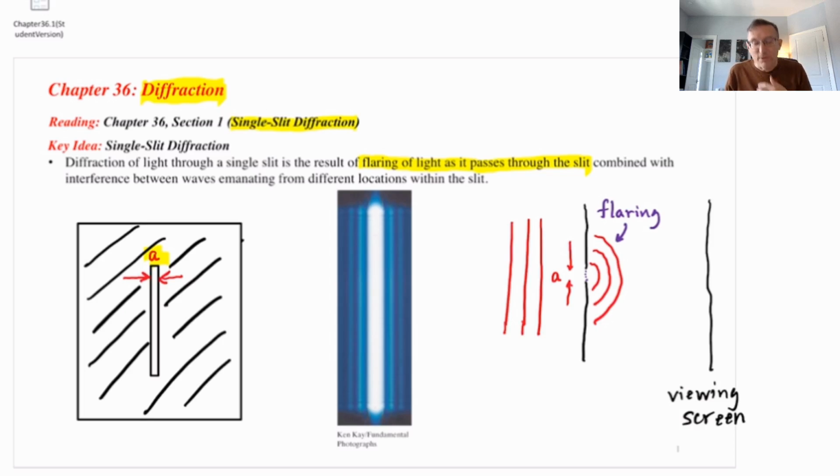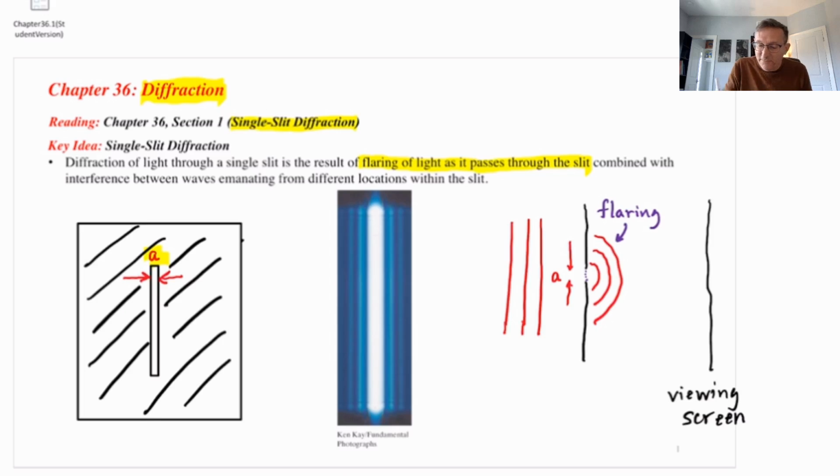All right, now, the photograph in the middle here is an actual photograph of an actual diffraction pattern. It was made by shining coherent light on a vertical slit, much like the one I've drawn on the left. And then the light goes through that slit, the vertical slit, and the flaring is now this way.